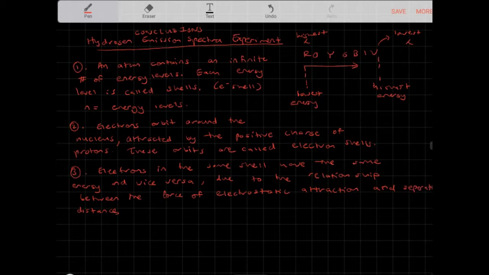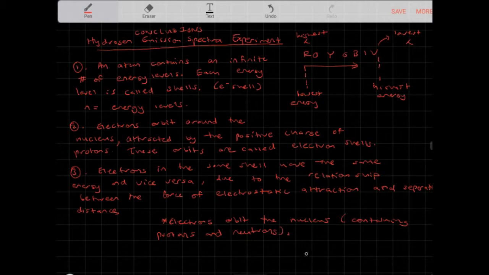So these are some of the rules that Bohr created, right? And he put all of this together and stated that electrons orbit the nucleus containing protons and neutrons.